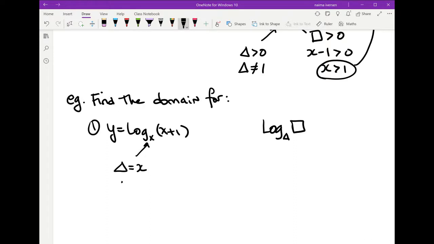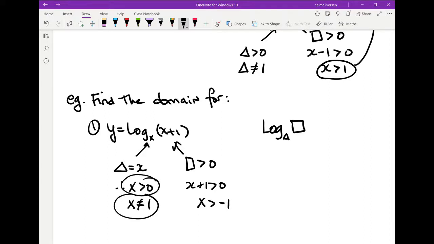I know that my triangle has to be greater than 0, and my triangle can't equal 1. I know that this is my square, and my square has to be greater than 0. So x plus 1 has to be greater than 0. Subtract 1 from both sides: x is greater than negative 1. Now I've got this guy and this guy, and they all must be true.